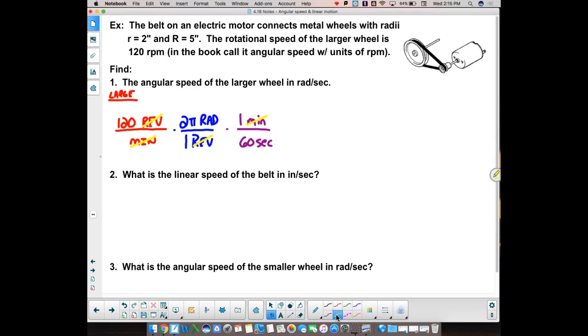So we can do some maths now. We can multiply across the top and we get 240 pi. We can multiply across the bottom and we get 60. And then we divide 240 pi by 60. Or we could say that 60 goes into 60 once and 60 goes into 120 twice. And that leaves me with 4 pi radians per second.